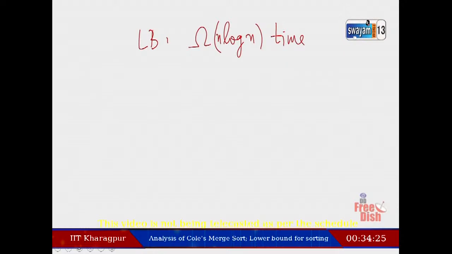We prove this lower bound using decision trees. The proof uses the fact that any comparison based sorting algorithm can be translated into a decision tree.